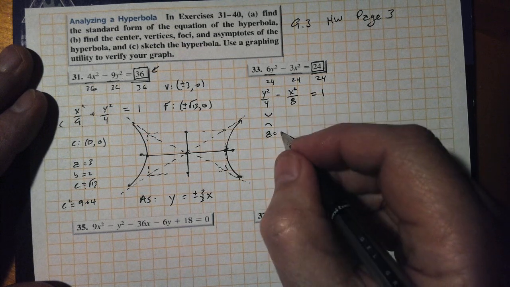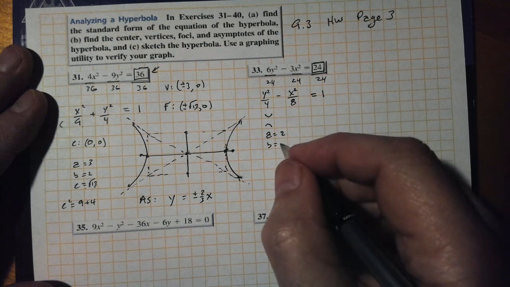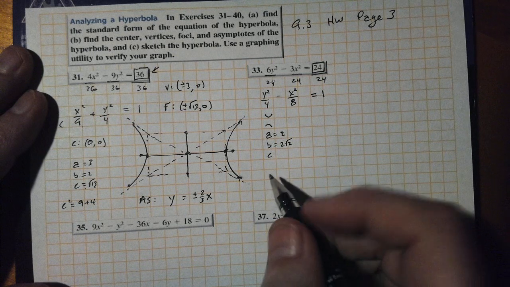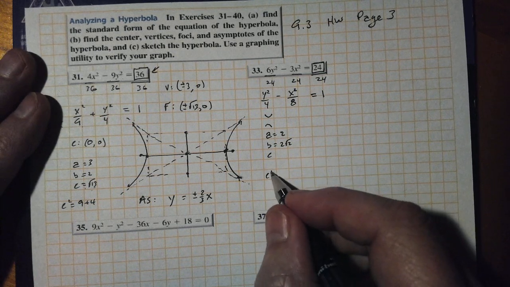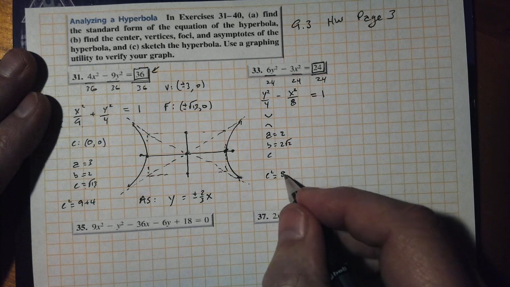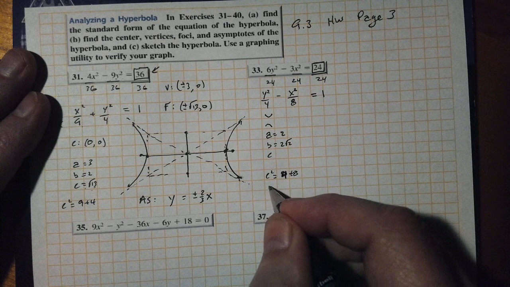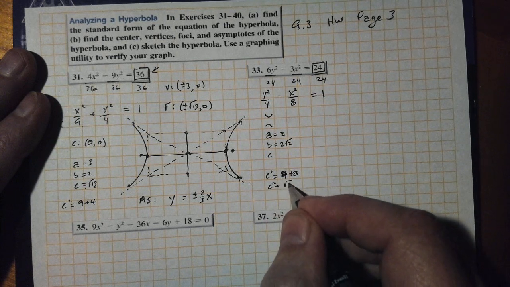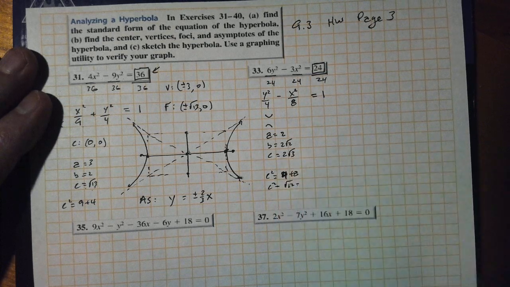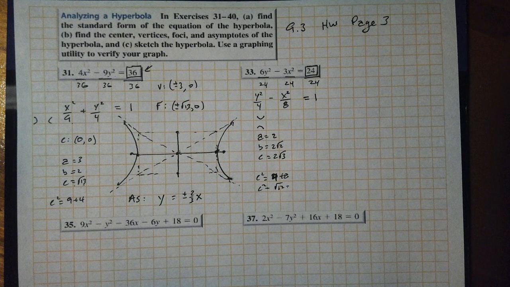That's a squared, so a is 2. b is square root of 8, or 2 square root of 2. And for c, the foci, c squared equals a squared plus b squared, 4 plus 8, so c is square root of 12, or 2 square root of 3. And there's everything I need.